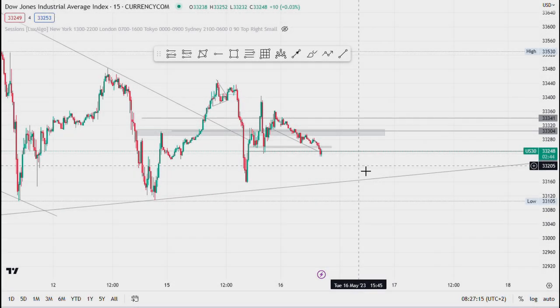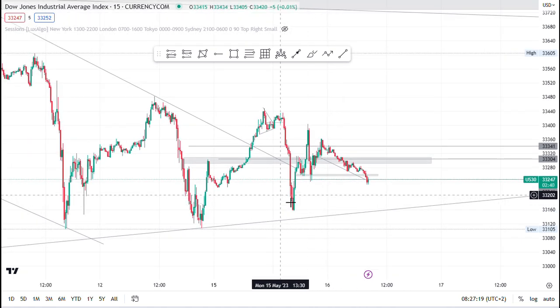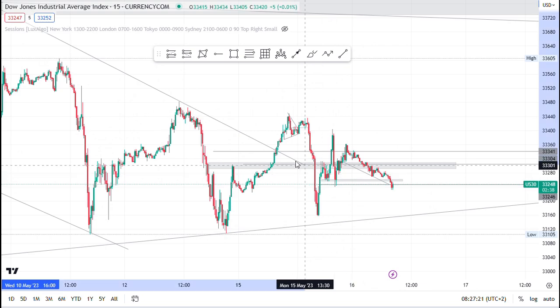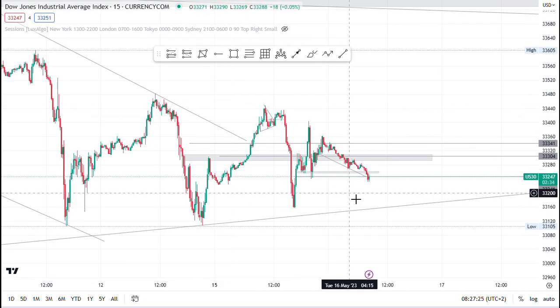Taking a quick look at US30, we can see that we have a similar type of structure compared to US100, as we know that they have similar characteristics, especially compared to all other indices, your S&P 500, your GBP 30.